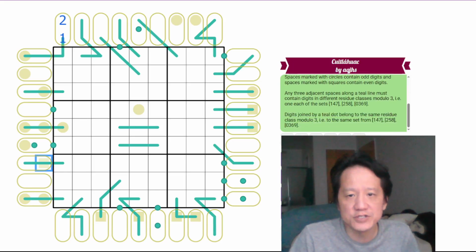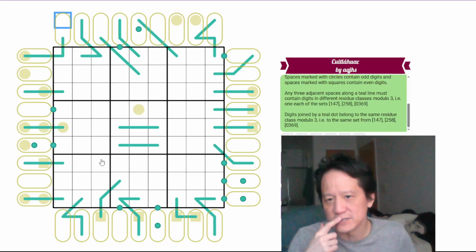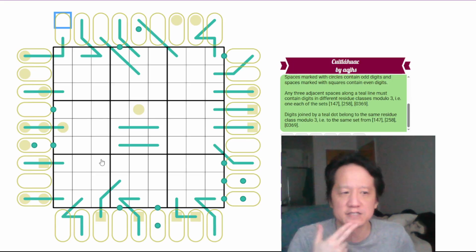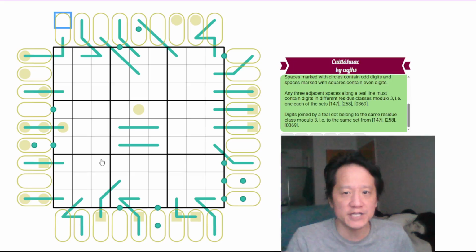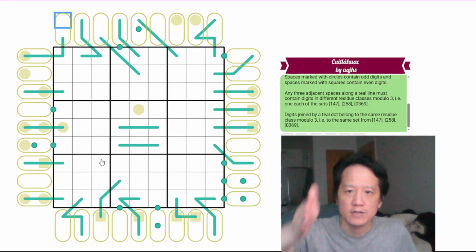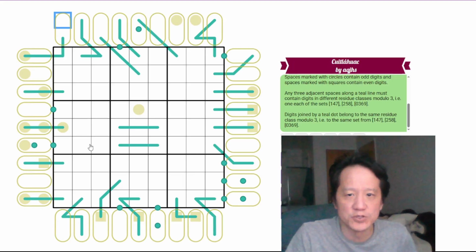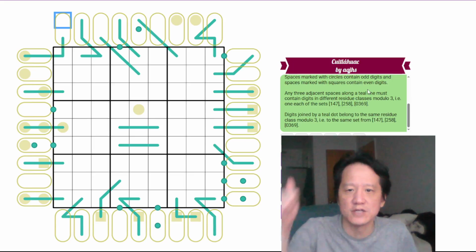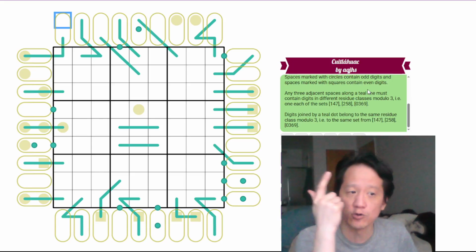Any 3 adjacent spaces along a teal line must contain digits in different residue classes, remainder classes essentially, modulo 3. That is 1 each of the sets 147, 258, and 0369. If you divide 1, 4, and 7 by 3, you get a remainder of 1, so that's the 1 modulo 3 class.